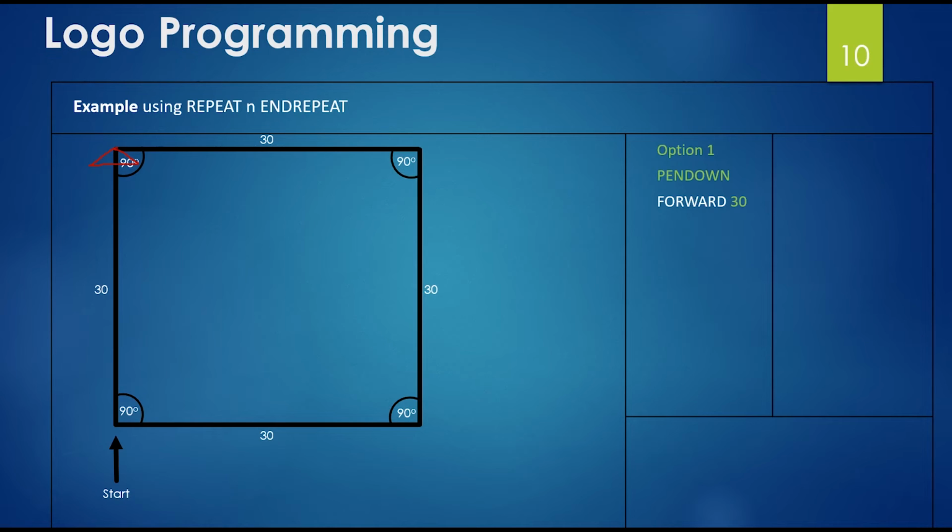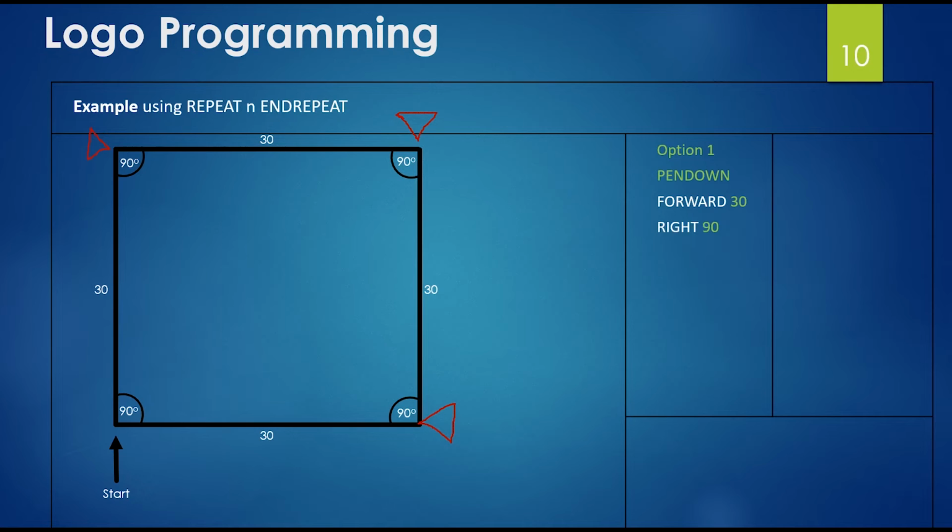This here is 90 degrees, so we will have to rotate the turtle 90 degrees here, then forward 30 again, then rotate it 90 degrees for it to become in this direction, then forward 30 and rotate it 90 degrees for it to come in this direction, and then forward 30 again.